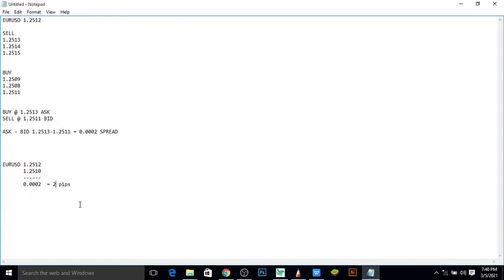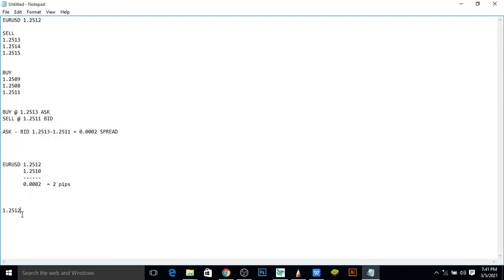Now, one thing we need to understand is this. If I write 1.2512, remember how in mathematics we were taught units, tens, hundreds, and thousands. We have already explained that a pip is a change in that last decimal place, that fourth decimal place.